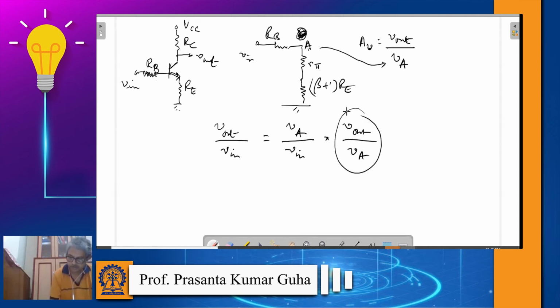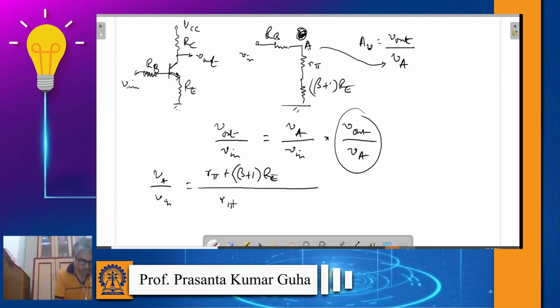Okay, so this part is already known to us, right? All we have to do is find out VA over Vin. This VA over Vin is just a voltage divider circuit, and we can straight away write. Okay, so that is VA over Vin.